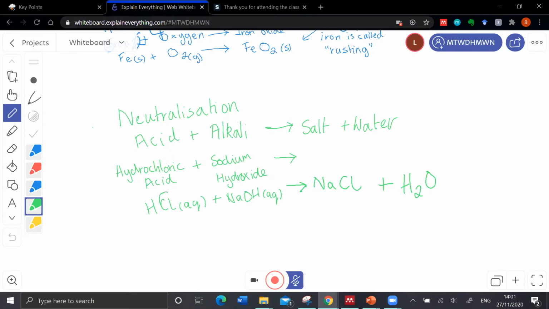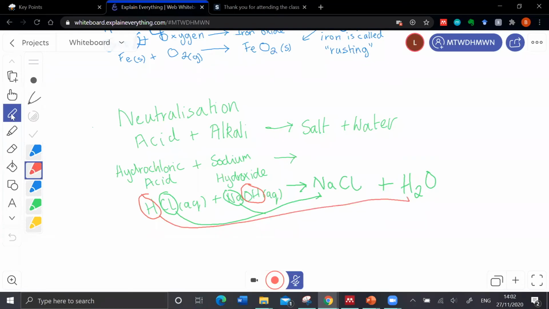This part and this part match together to form this. And this and this match together exactly to form water. I didn't put the state symbol. NaCl dissolves in water, so it's aqueous.